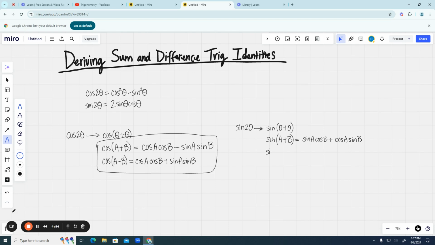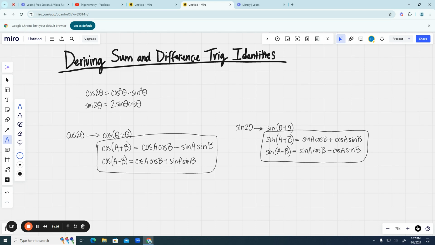So for the difference one, all you have to do is just change the sign. That's your identity for those.